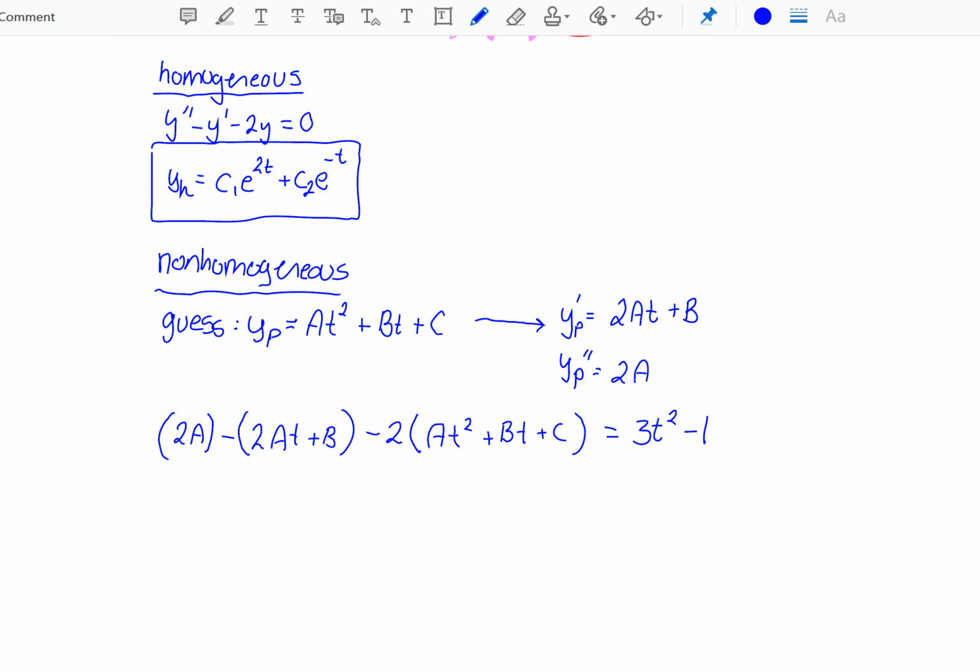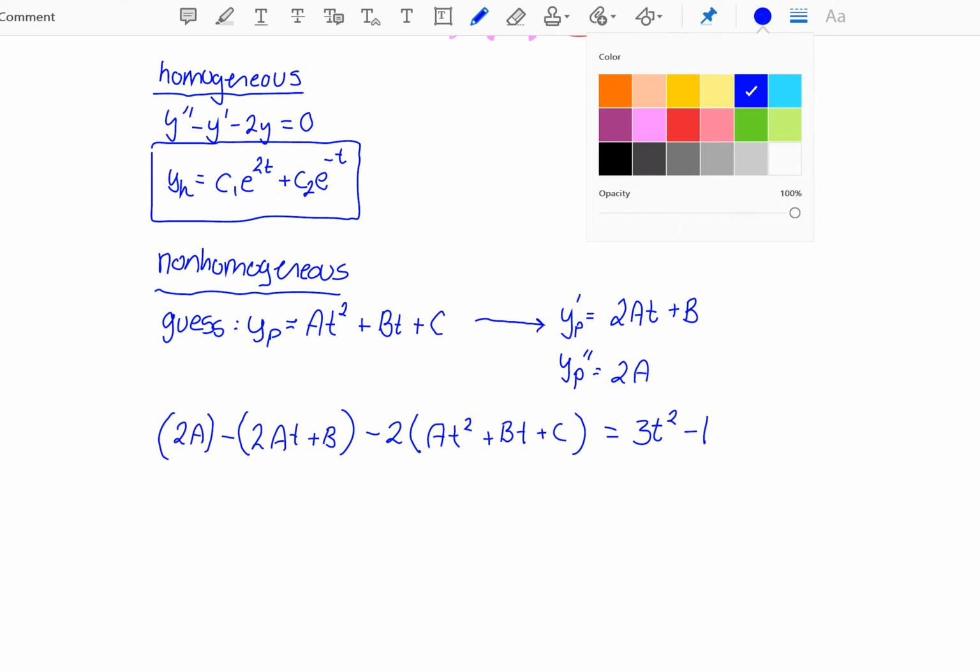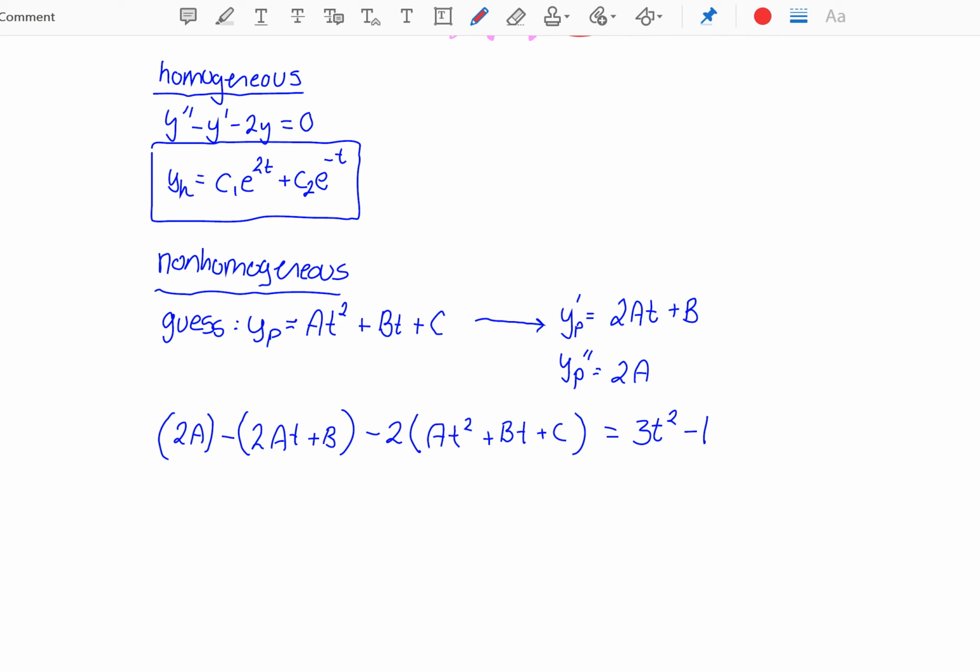What I would like to be able to do is rewrite this equation so I can compare a polynomial on the left with a polynomial on the right. The way I'm going to do this is by first distributing and recombining like terms. So let's distribute the negative and the negative 2 into the parentheses.